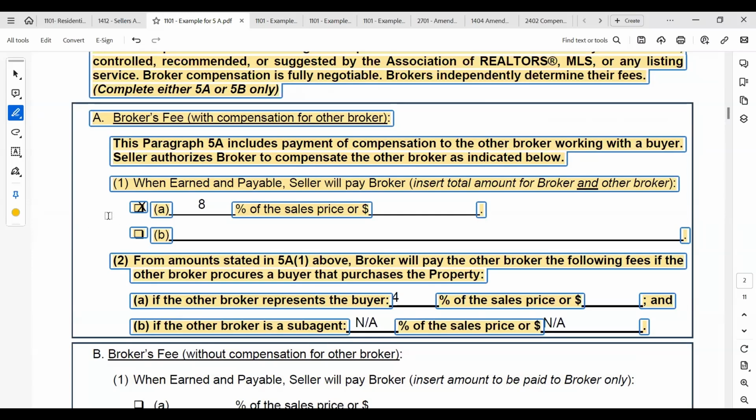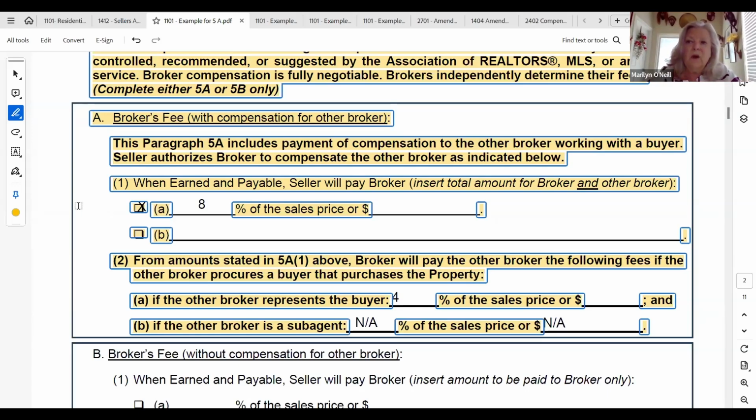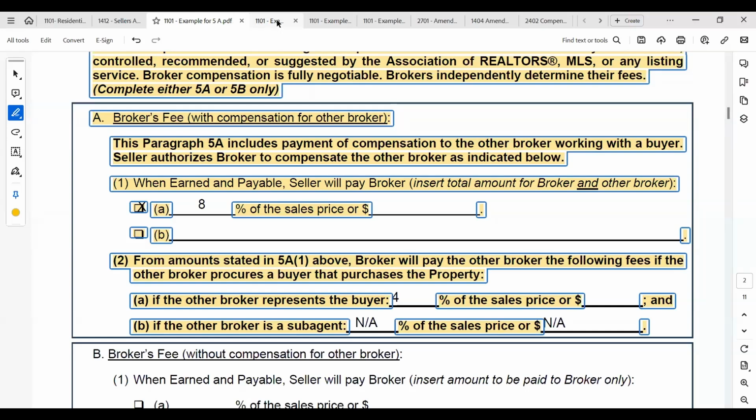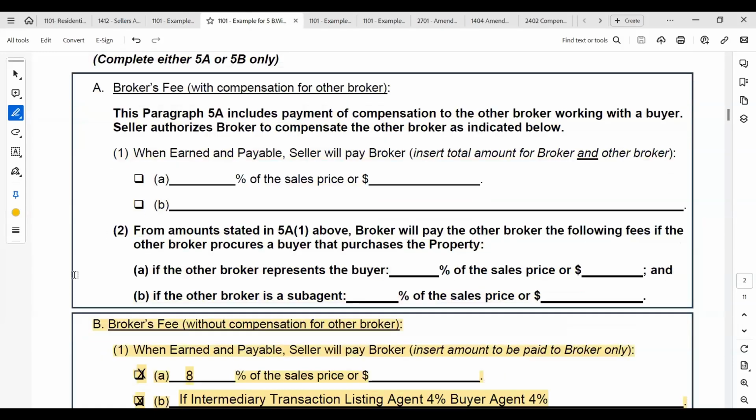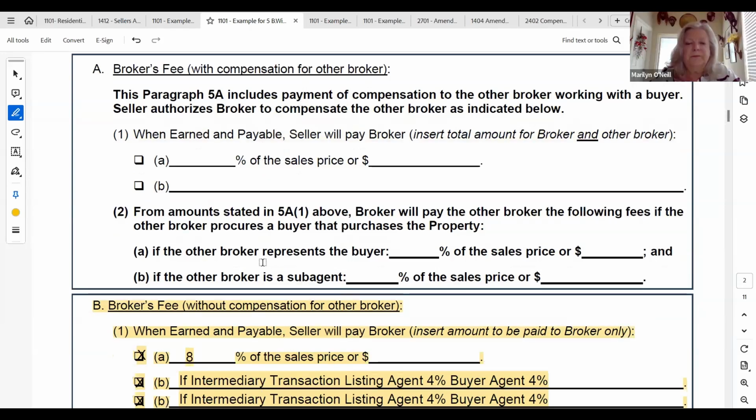In the listing agreement for leases, it has similar provisions about how much you're going to receive for 1 month, or a flat dollar amount, or amounts over the life of the lease. So it's different than the listing for sale. My only question was, do I have to modify anything, or do I just get the 100% as it says? All of the information in 5A, 1A is the broker's. Okay, it's clear. Thank you. You're welcome.